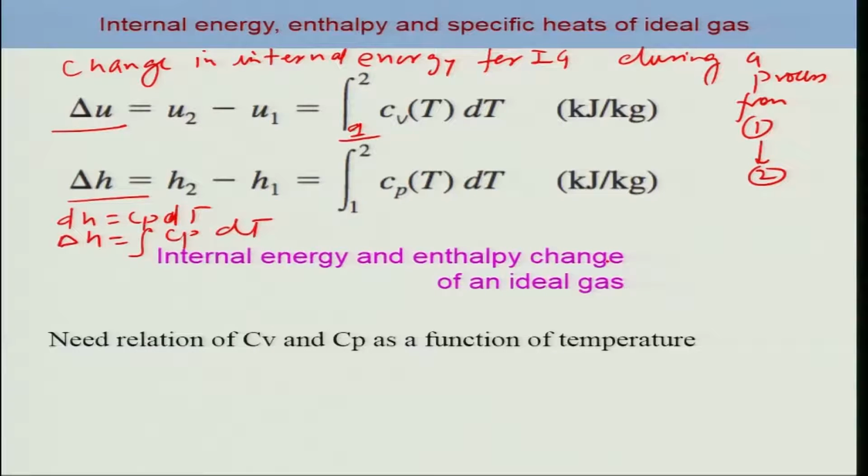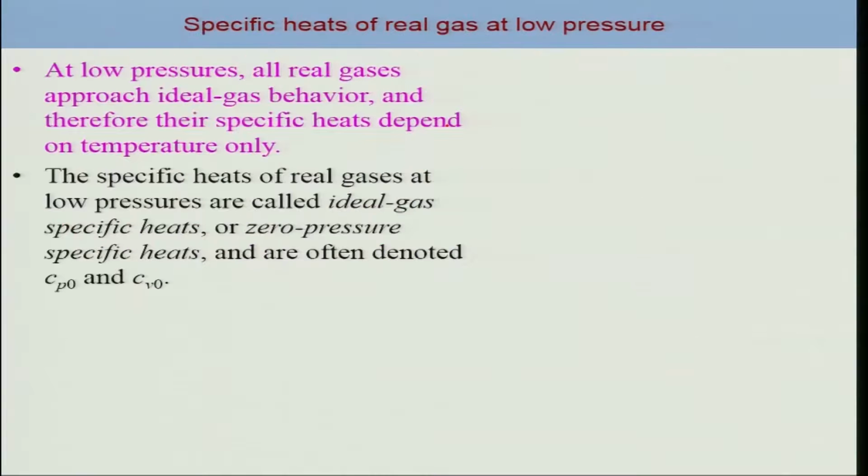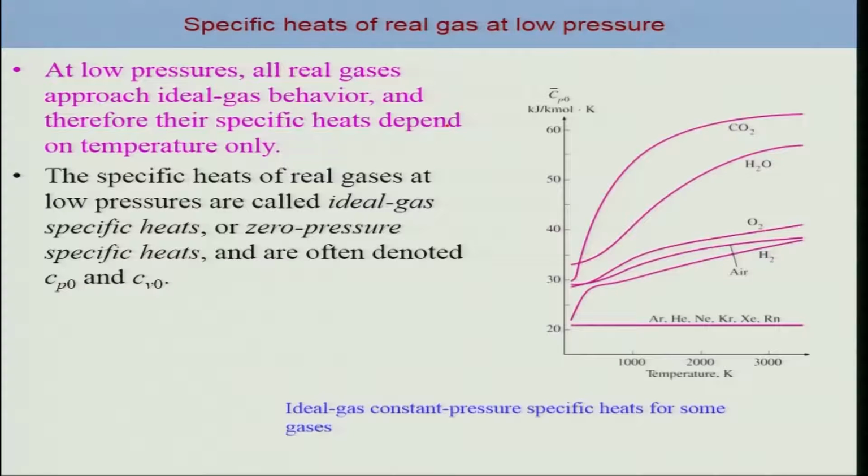Now in order to obtain the change, we need some relation of Cv and Cp as a function of temperature, because these are given here. That's the important aspect in order to come up with the values. Now let's look at what happens for the specific heats of real gases, particularly at low pressure. At low pressure, all real gases approach ideal behavior, that we know.